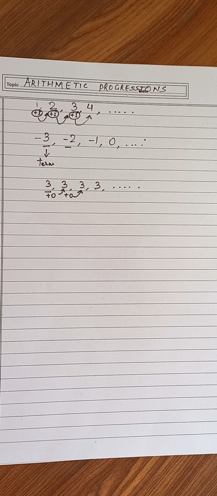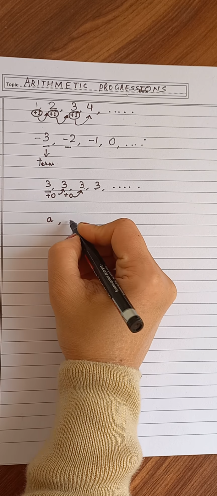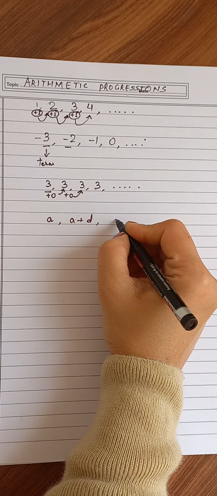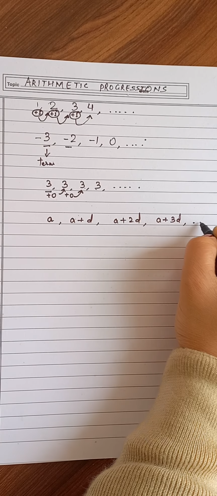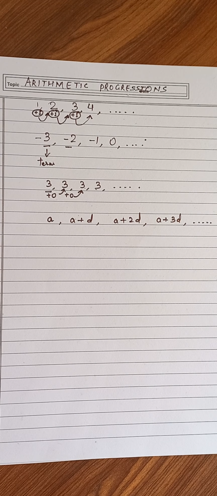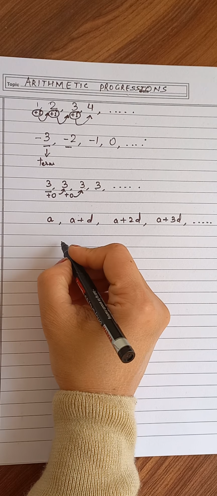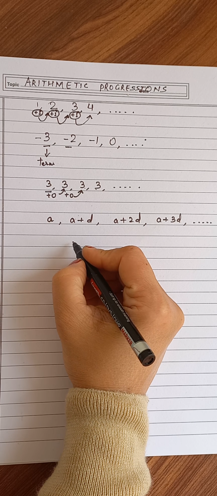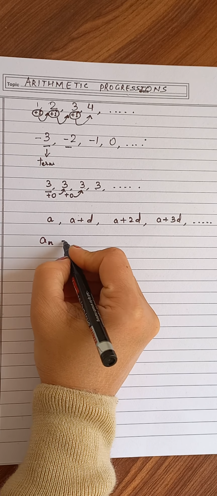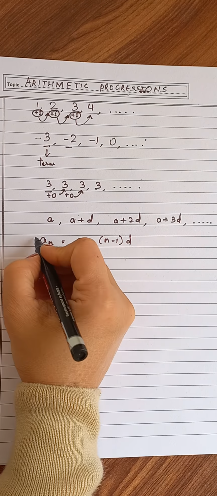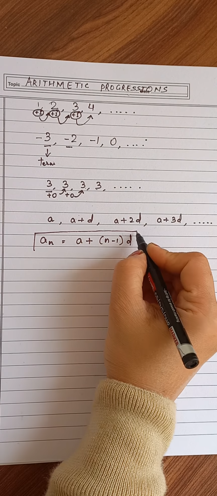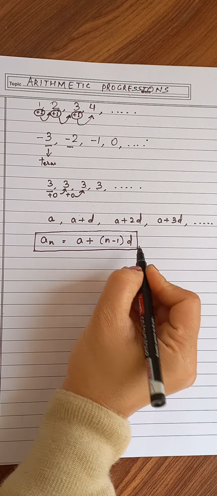Now, the general form of an arithmetic progression is A, A plus D, A plus 2D, A plus 3D and so on. This is the general representation of an arithmetic progression. So this is called the general form of an AP. If you want to obtain the nth term of an AP, then you can obtain it with the help of A plus (n minus 1) into D. This is the general formula to find the nth term of an arithmetic progression.